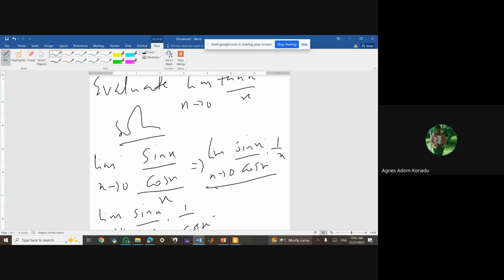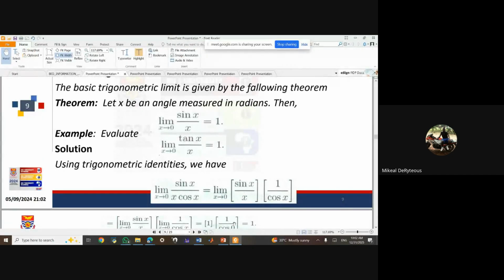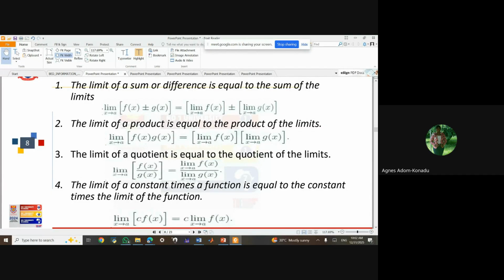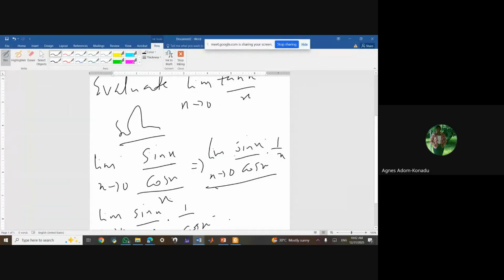And then using one of the rules, for a product of two functions, I can have the limit as s approaches a of f of s times the limit as s approaches a of g of x. So this will be equal to the limit as s approaches 0 of sin x over x times the limit as s approaches 0 of 1 over cos s.